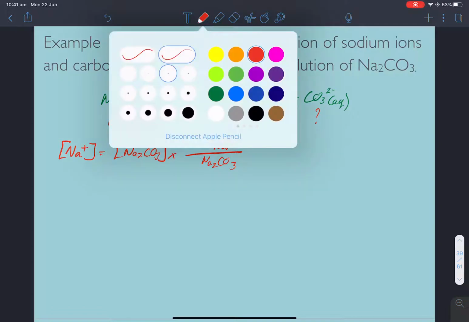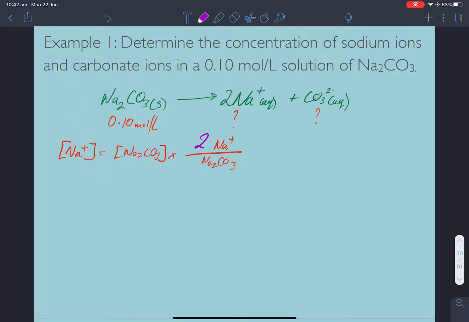What's out the front of those two? Well, there's a 2 and a 1. So the concentration of sodium ions is going to equal 0.10 moles per litre times it by 2, which equals 0.20 moles per litre.